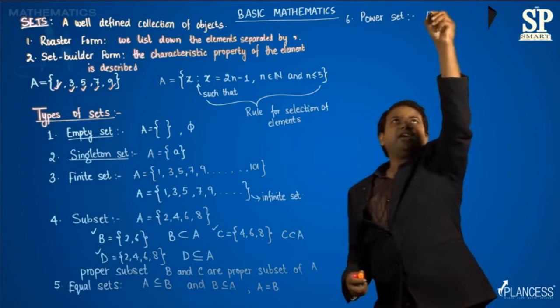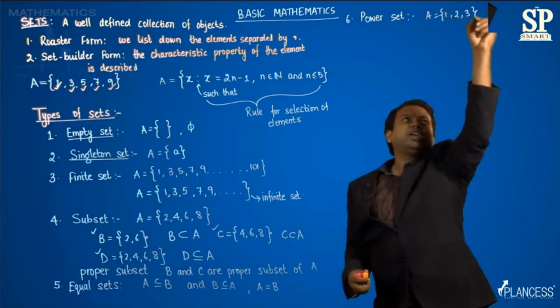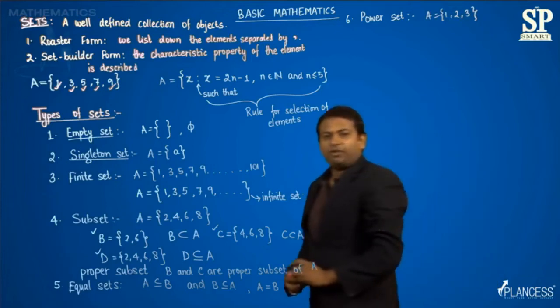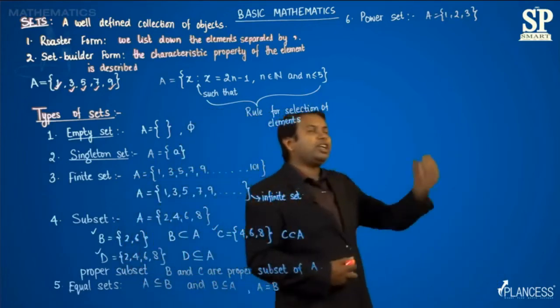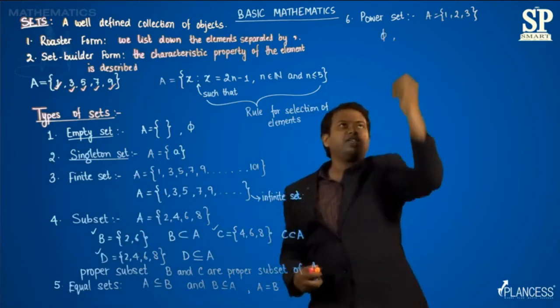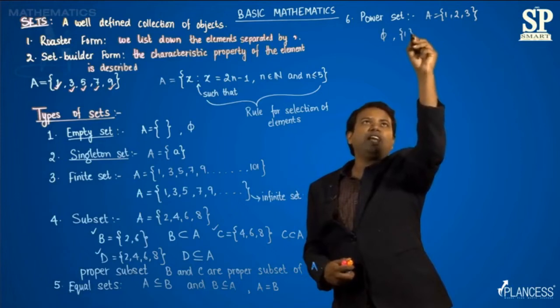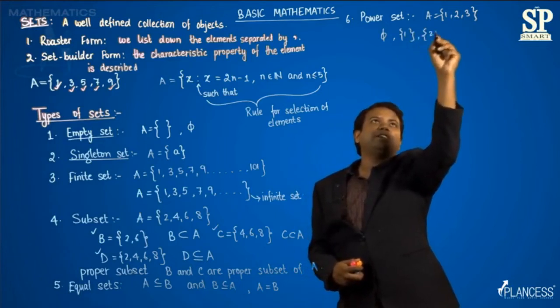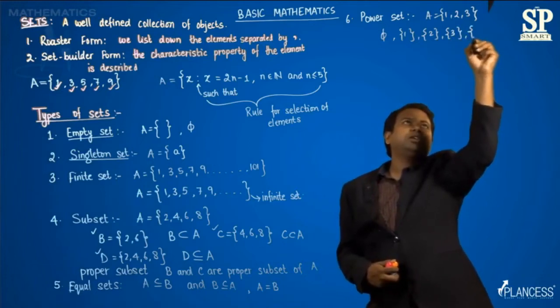Consider a set A having elements 1, 2 and 3. Let us now do an exercise of writing all the subsets for the set A. So clearly phi is going to be a subset of the set A, and then we are having three subsets which contain exactly one element.